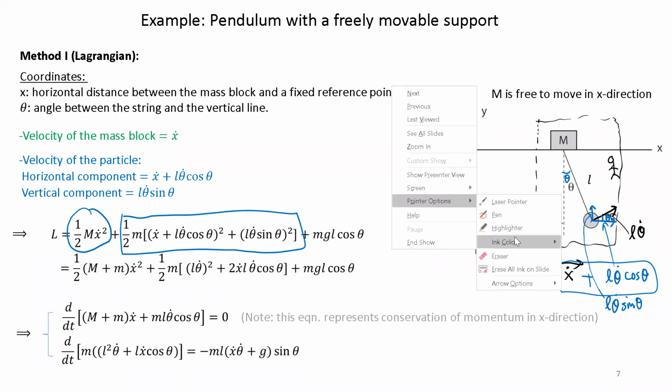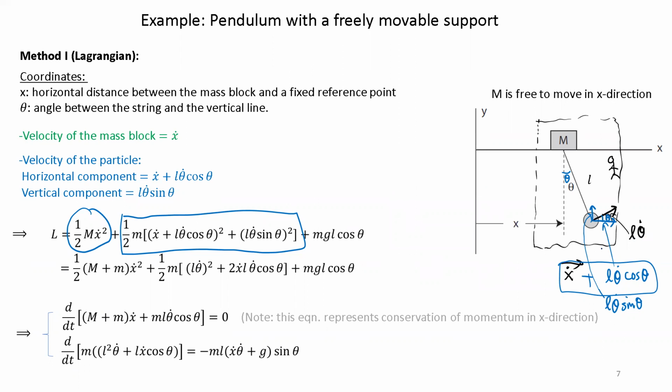In fact, if you try to write down the x component of the momentum of the entire system, what do you have? You have this m x dot, plus this small m times what I have over here.